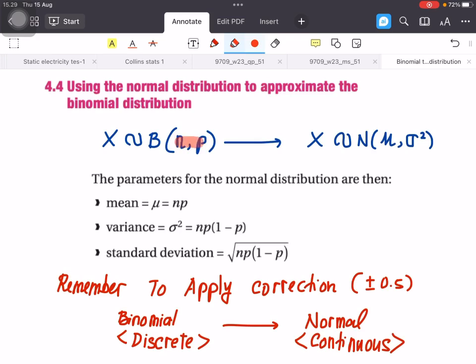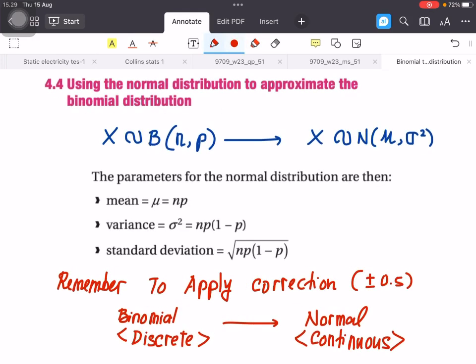Here the binomial distribution has parameters n and p. n is the number of fixed trials, p is the probability of success. In normal distribution, the parameters are mu and sigma square.